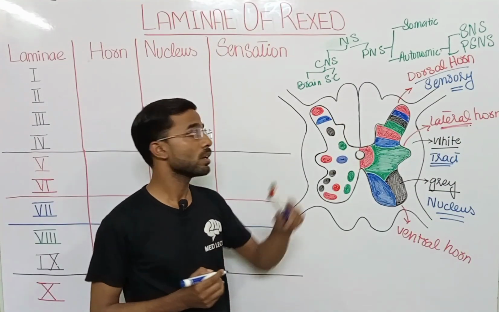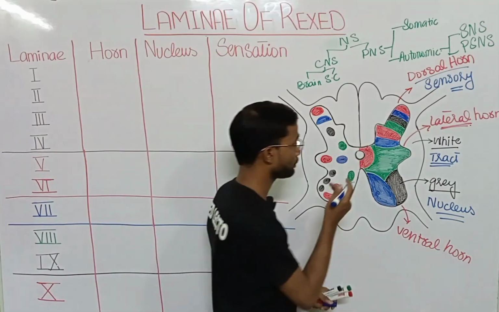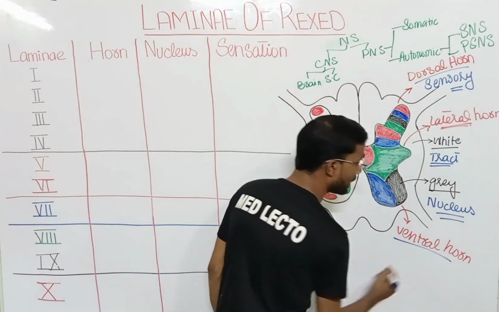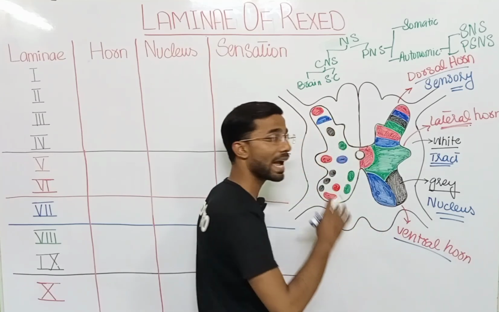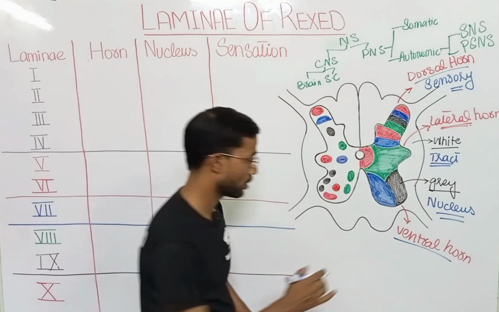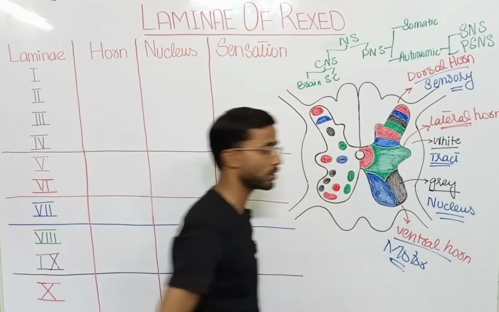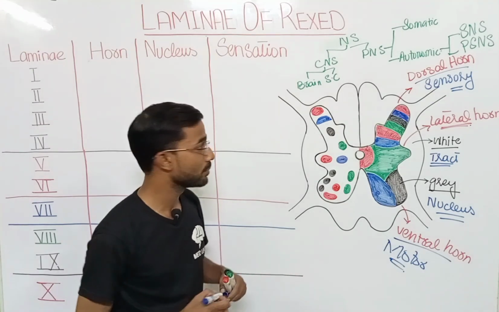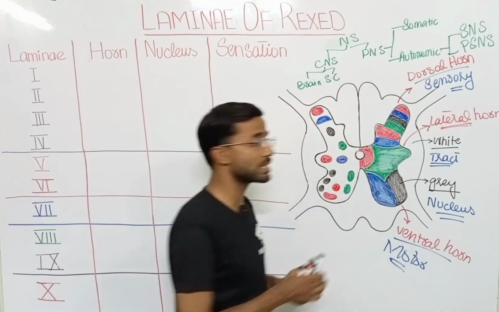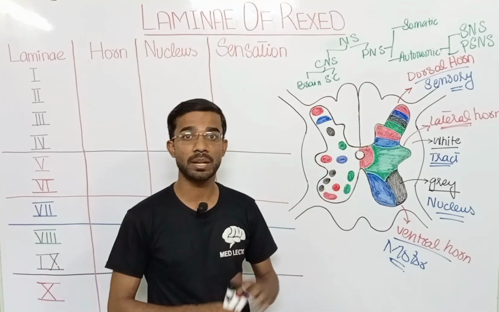It can be somatic or autonomic. At the ventral side, you will see the exit of the somatic information, or you can say motor information. This is another point. But at the lateral horn, you will see the viscera, the involvement of the autonomic nervous system.